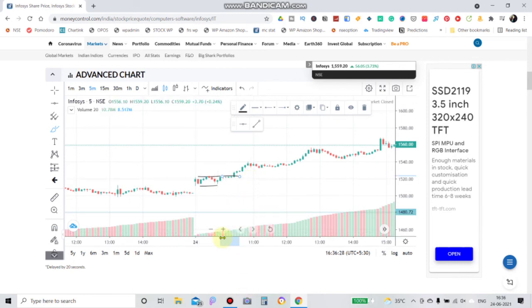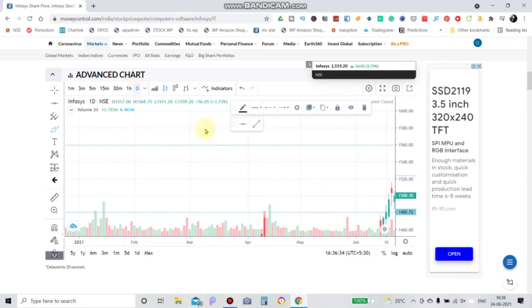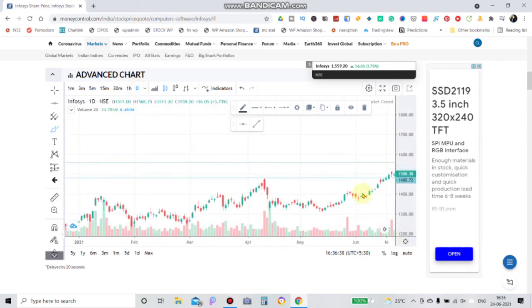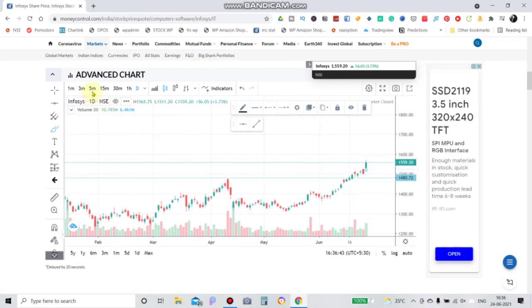That is also a good sign. And also on the larger time frame, it has given a breakout. That is the second positive sign.